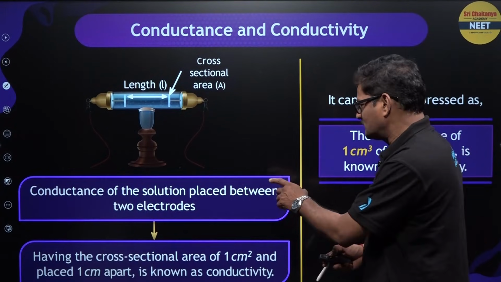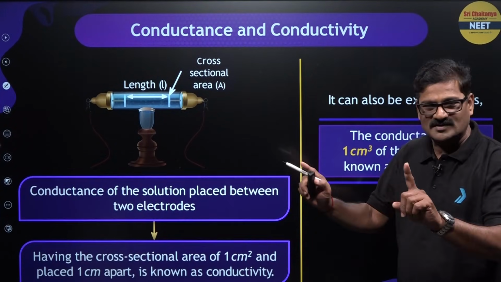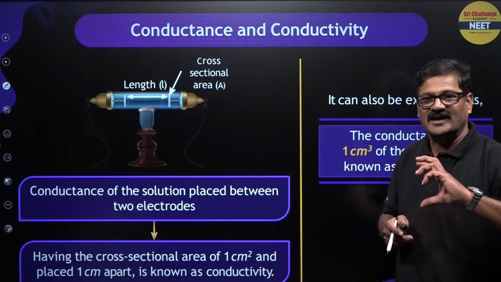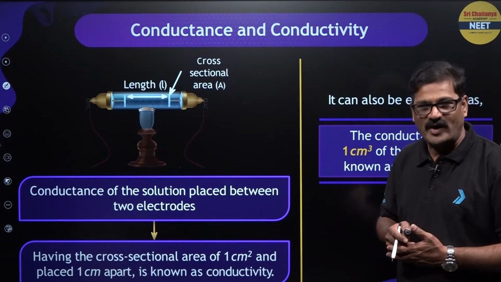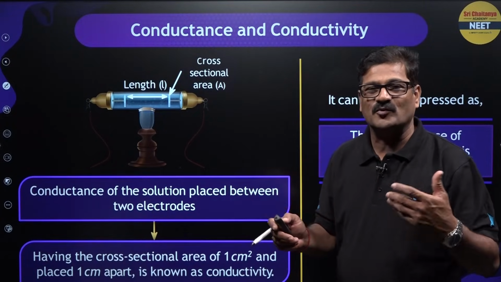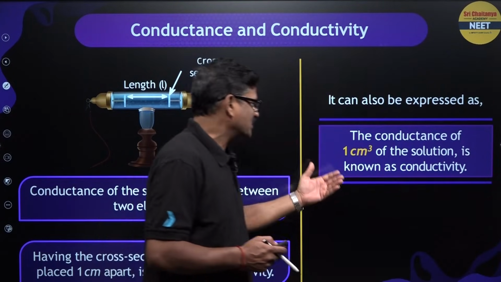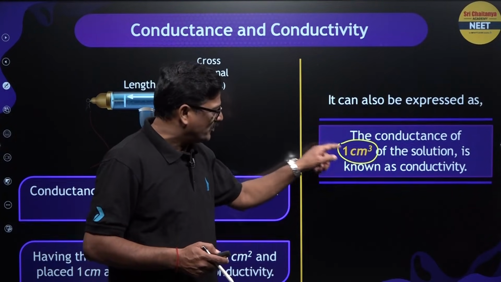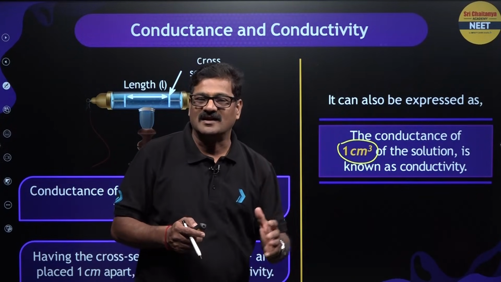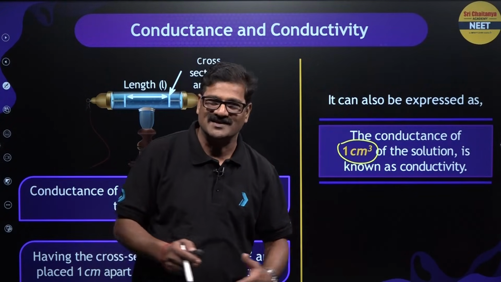So it is the conductance of the solution placed between two electrodes separated by 1 centimeter, and the area of cross section is 1 centimeter square. So the electrolyte volume is going to be 1 centimeter cube as mentioned here. So this is the key point. By using this definition you can calculate many numericals.